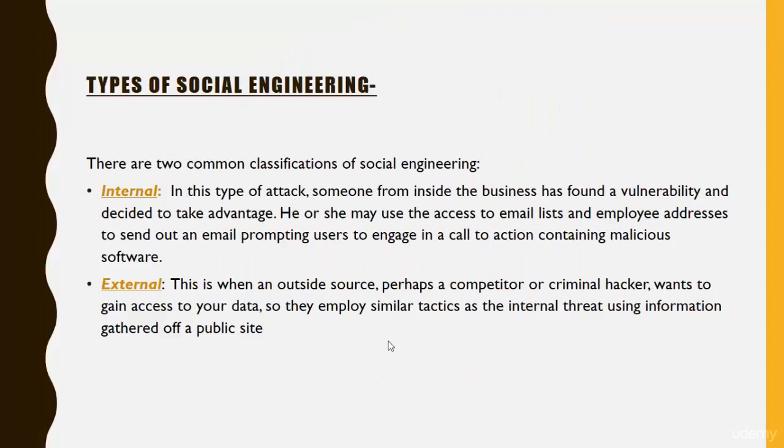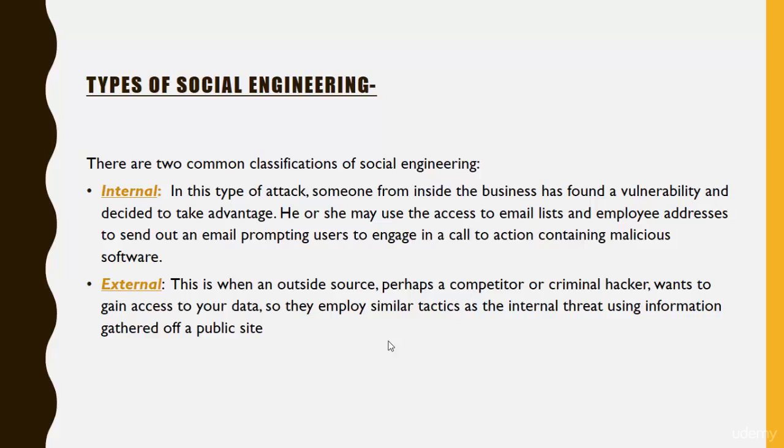Types of social engineering. There are two common classifications of social engineering: internal and external. What are these? In this type of attack, someone from inside the business has found a vulnerability and decided to take advantage. He or she may use access to the mail list and employee addresses to send out an email prompting users to engage in a call to action containing malicious software.